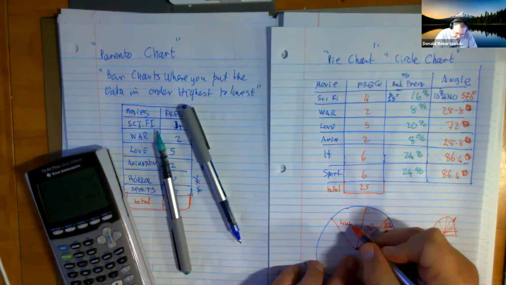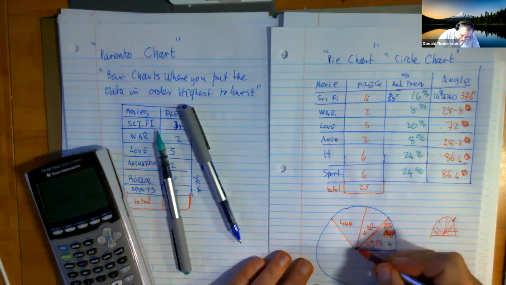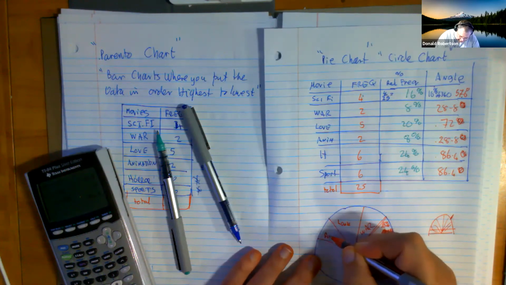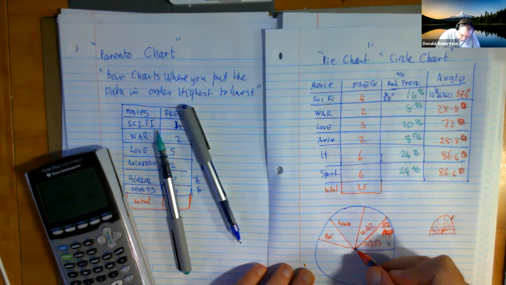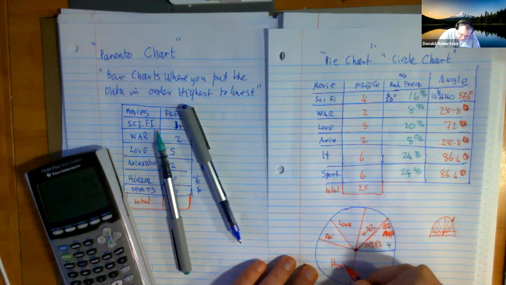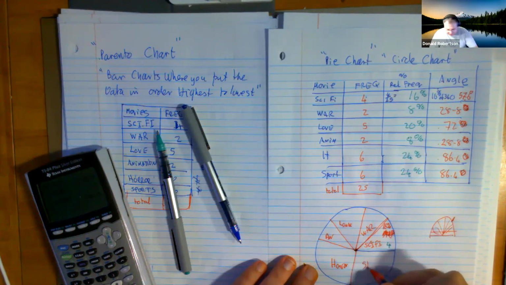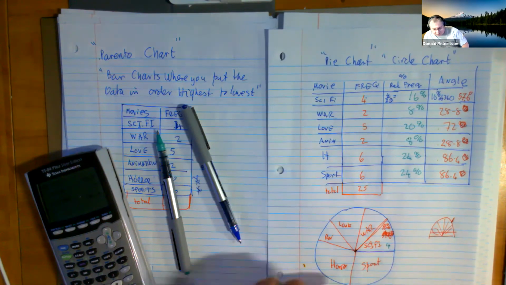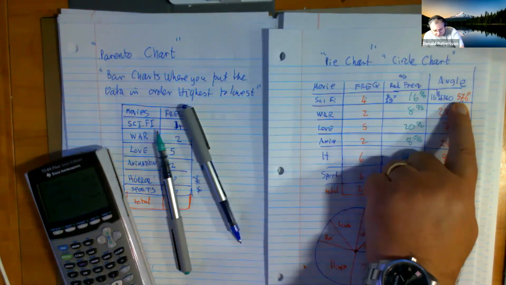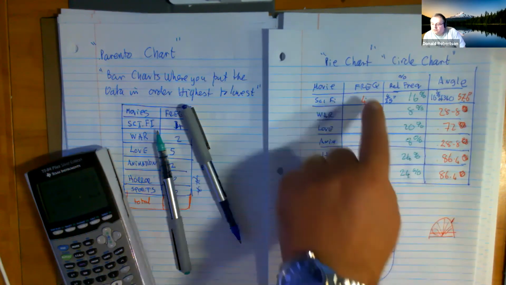Then you do 28 for animation, and it's something like that, and you put animation in. And then you do the last 2, and one of them here is horror, and the last one is sports. And you can imagine around each one of these, you would be putting either the percentage that was used or the raw data score.